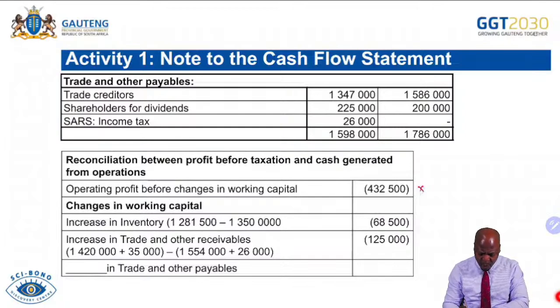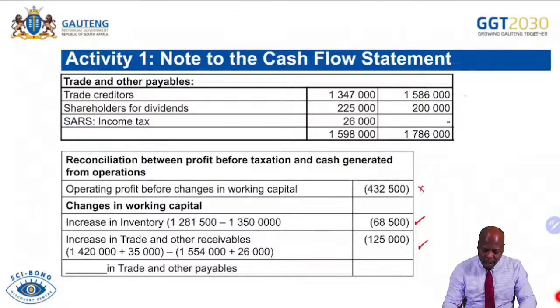So first, we are done with our inventory, and we are also done with trade and other receivables. Let's come to trade and other payables. When you use the amount that was in the extract of the statement of financial position, that would be wrong, because the amounts that were there are these amounts. That is your 1,786,000 and your 1,598,000.